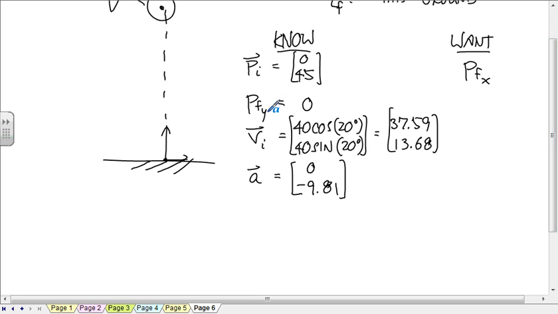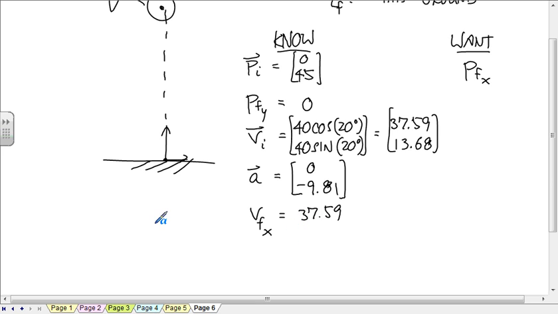If you think of it this way, the x component of the velocity never changes because there's no acceleration in the x direction, then you might look at this and say, well, we know that the final VFX is still going to be 37.59. So it looks like this all works.